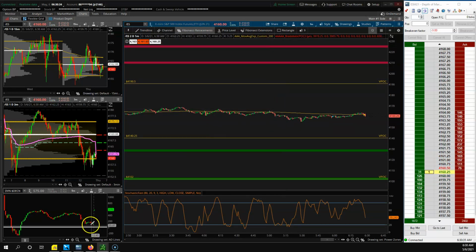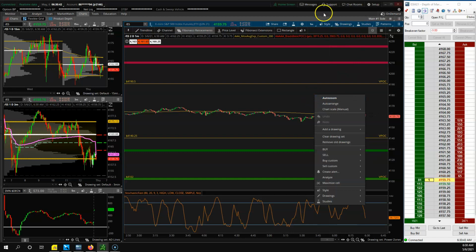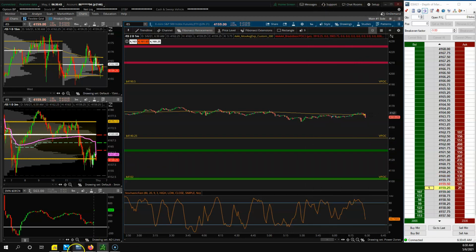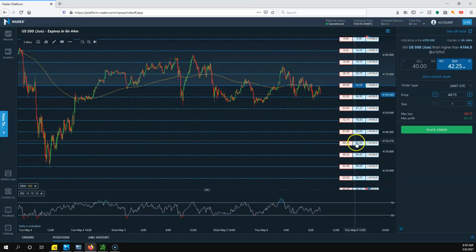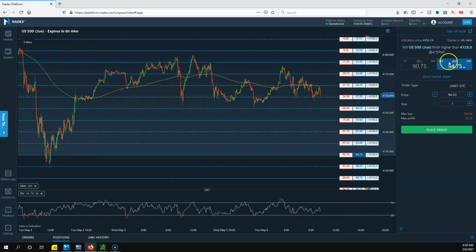Trade zones, because this is where Nadex comes in. If we start to fall to this 4130 level, and let's say that's where one of my trade zones is, I'll come over here to my Nadex chart and go, okay, hey, 4130 level. I could pull up a Nadex where maybe I want to be a buyer, but not right now.